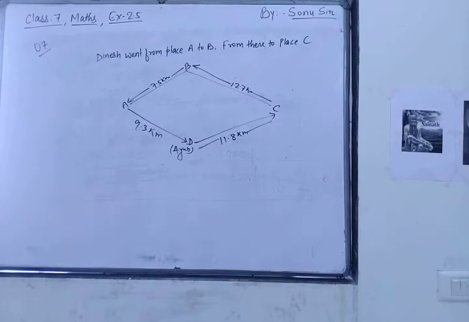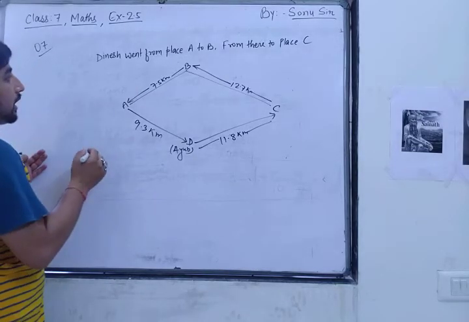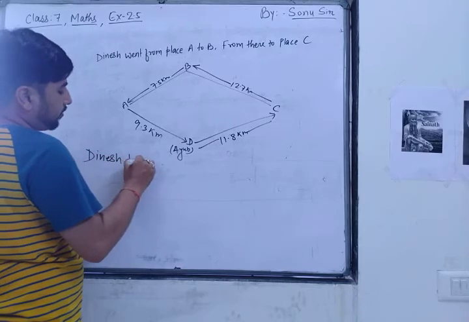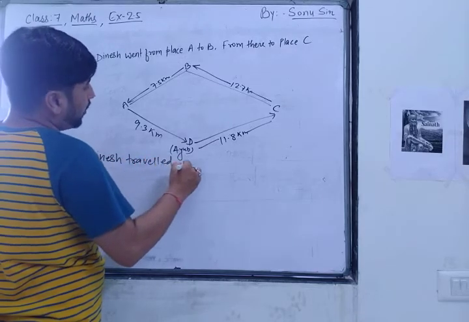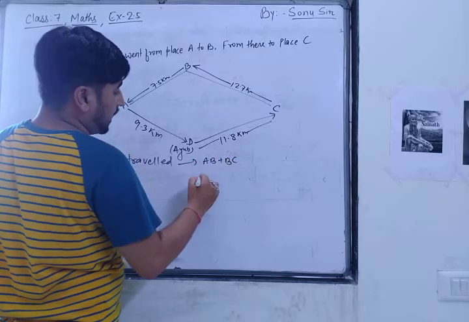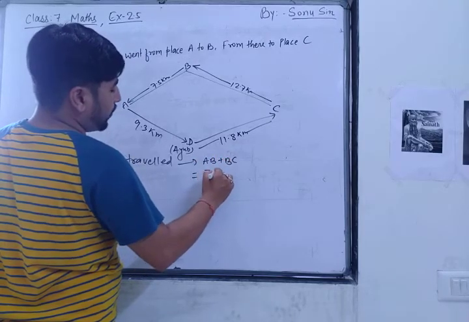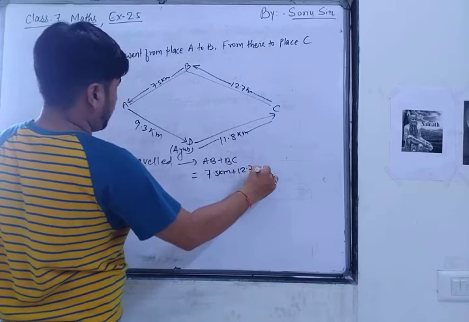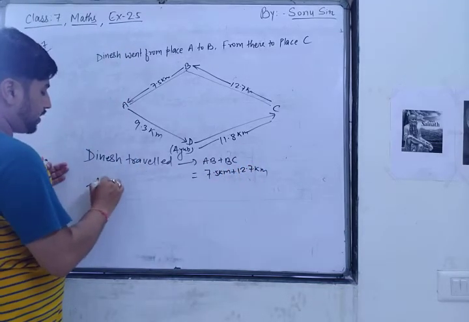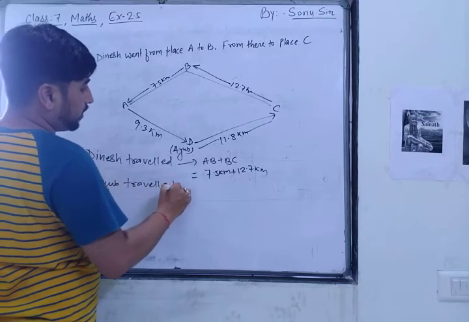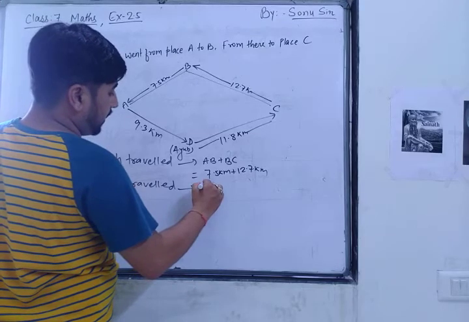So first of all, what do you have to write? How many kilometers did Dinesh travel? Dinesh traveled AB plus BC, that is equal to 7.5 km plus 12.7 km, right? And Ayub traveled AD plus CD.